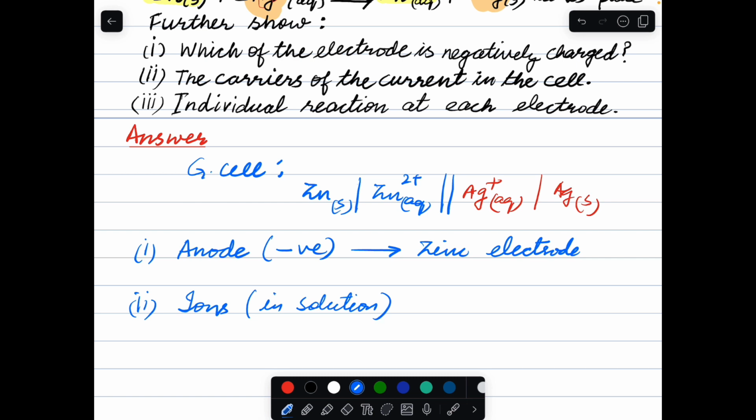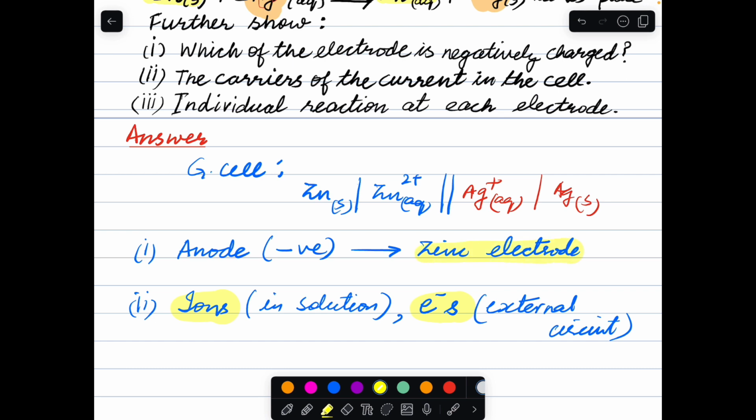And outside the solution, that is in the external circuit, electrons are the charge carrier, because they are capable of passing electric current via the external circuit. So in the external circuit, charge carriers are electrons, while in the solution we have ions.